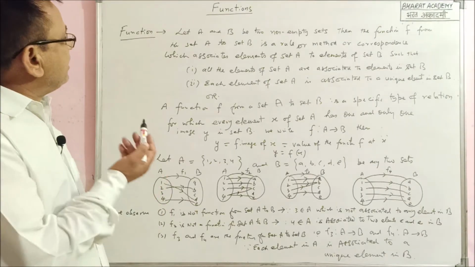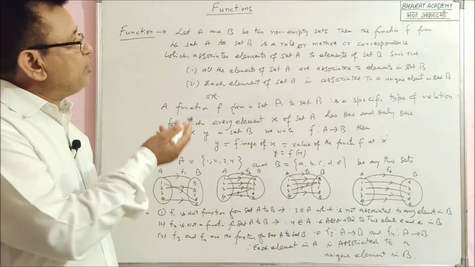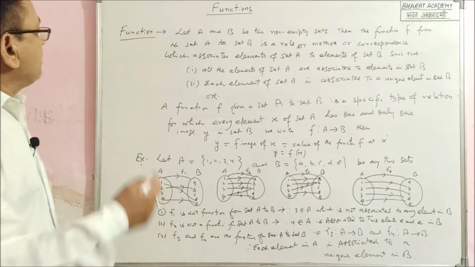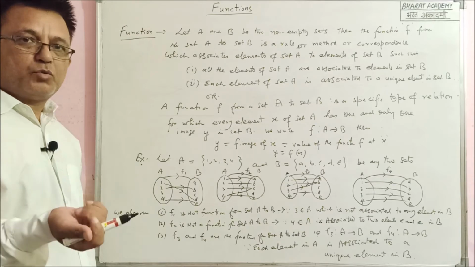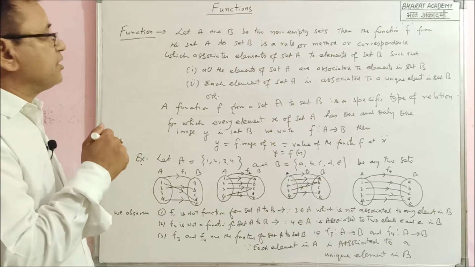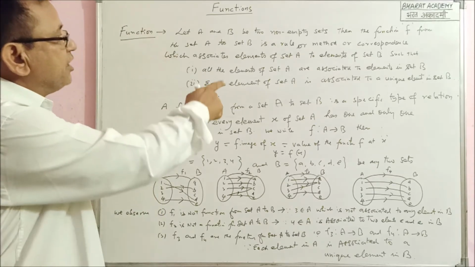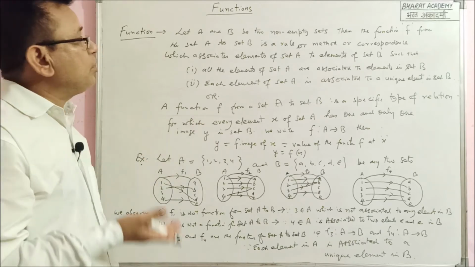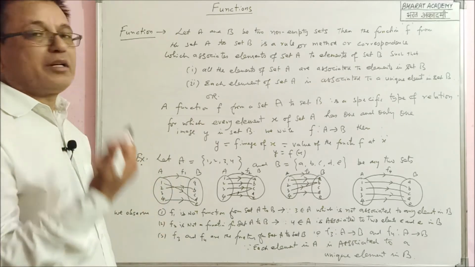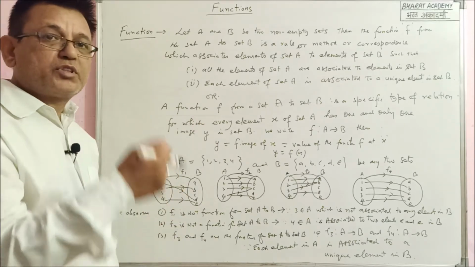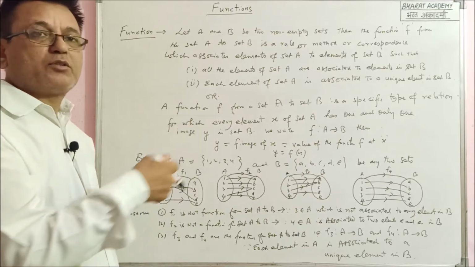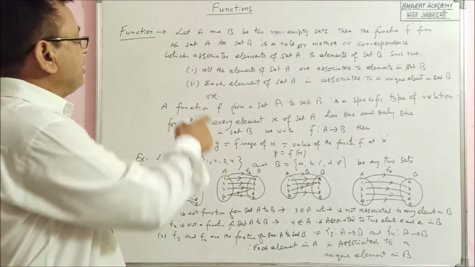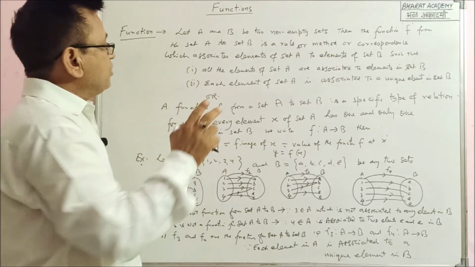Now students, the function can easily be defined with the help of mapping. Now what is the function? Let A and B be any two non-empty sets, and the function f from the set A to set B is a rule or a method or a correspondence which associates elements of set A to elements of set B such that there should be two conditions.